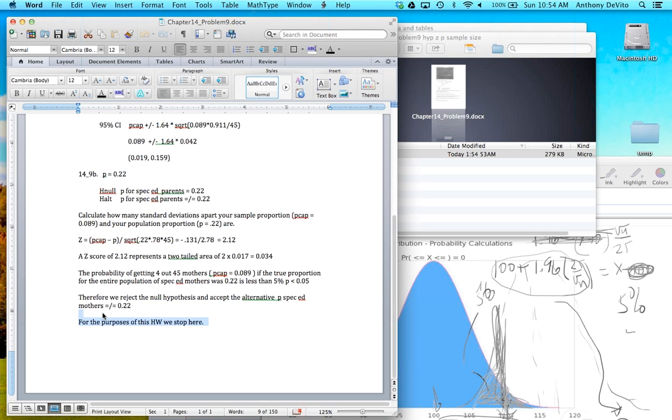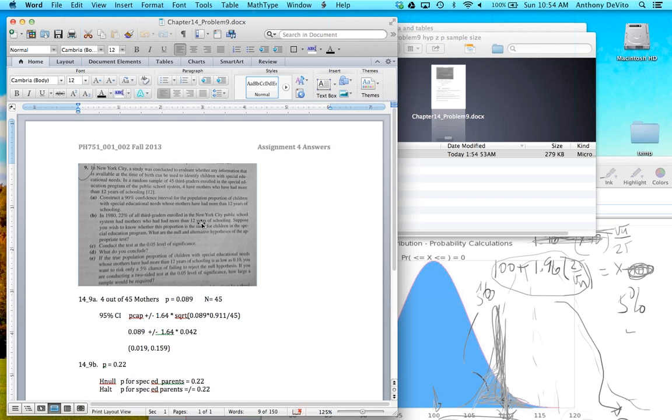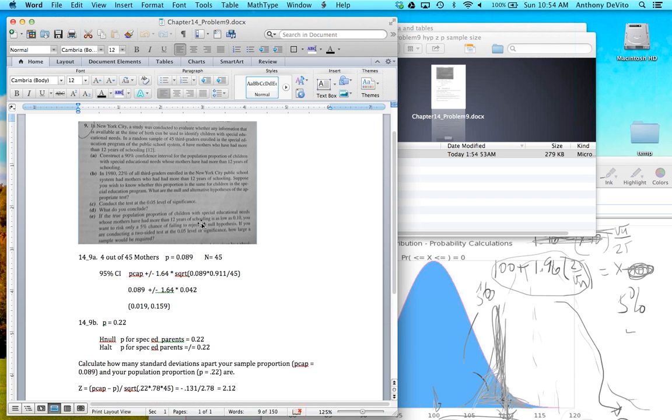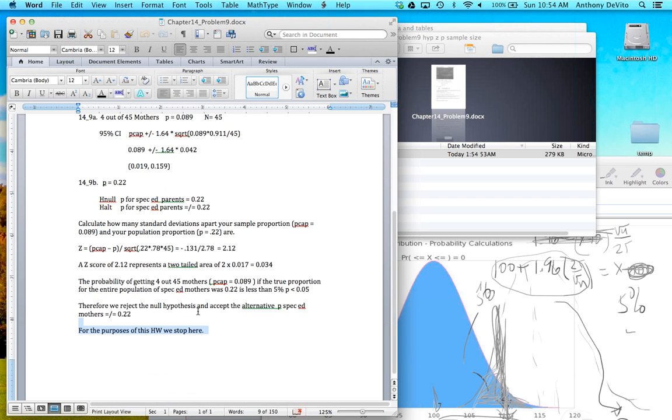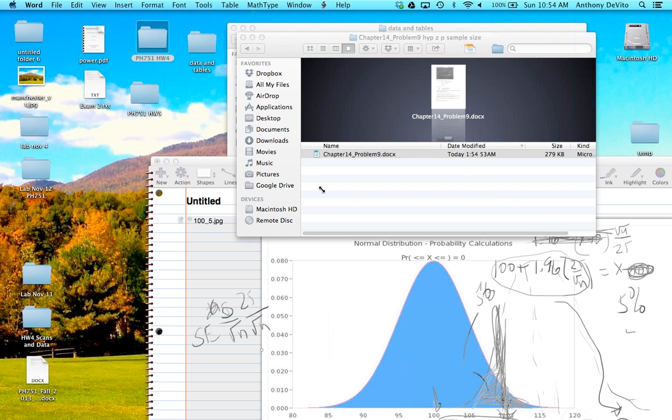I'm going to leave that to you guys. If it isn't there, I will post it. Problem 14 is a similar problem to this, and the last part of it asks you to calculate the sample size. I'm going to post an actual completed version of a sample size calculation so that you can see how you would determine what the sample size has to be.